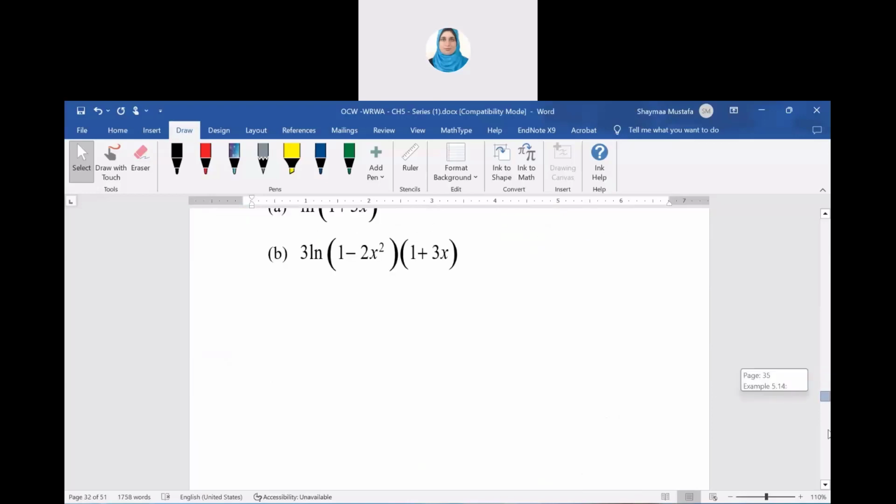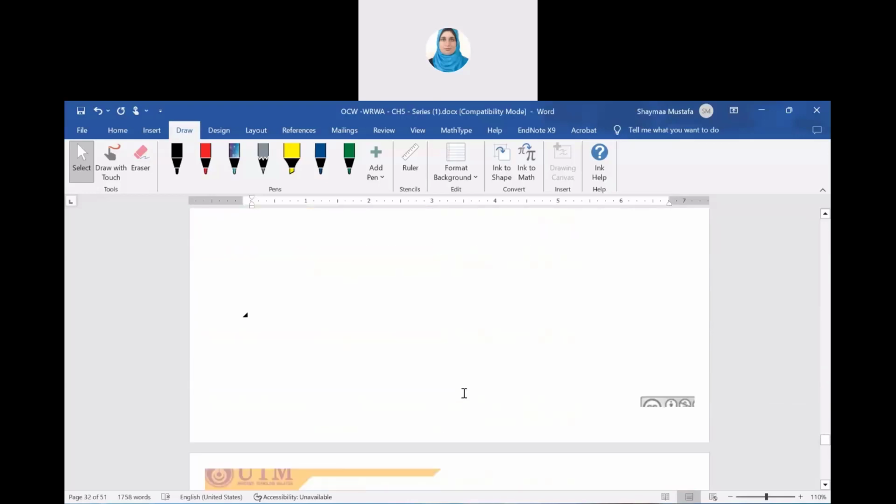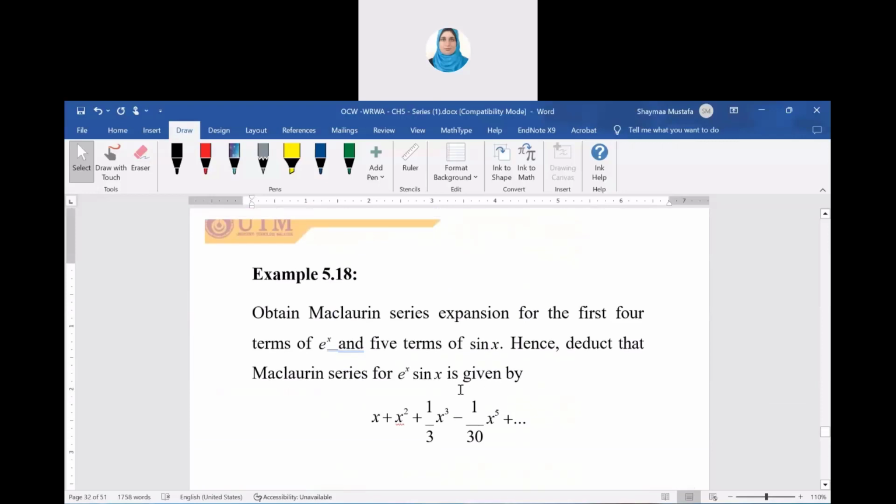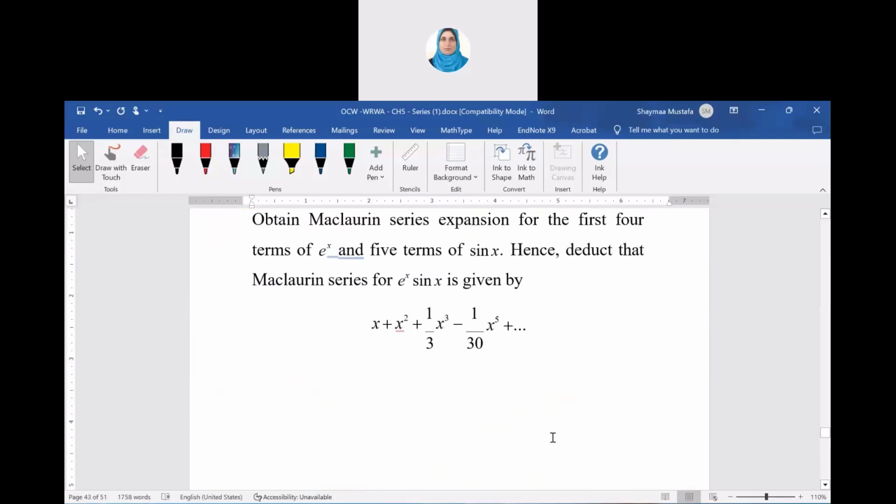So this is the Maclaurin series of e to the x. In this example, you have to find it completely, but I will not. I will write it directly because we already solved it before. But on the exam, you have to write the steps of how we calculate the Maclaurin series of e to the x.